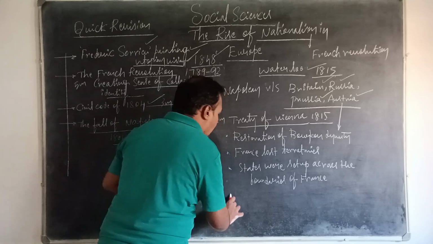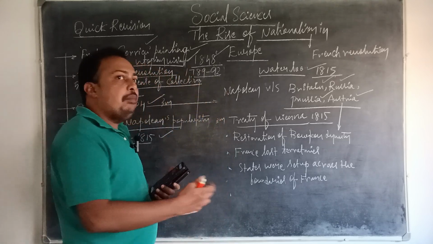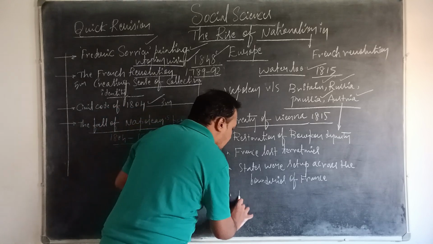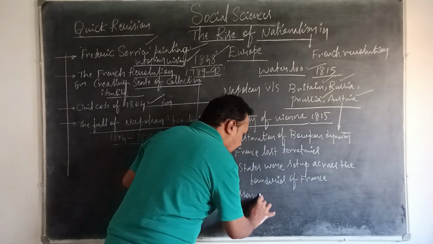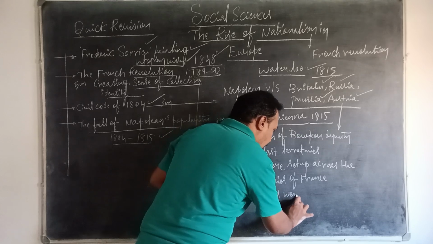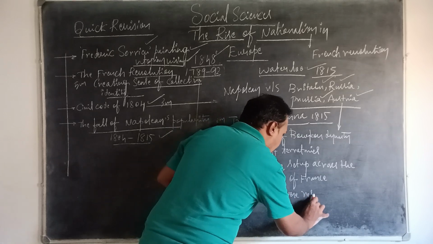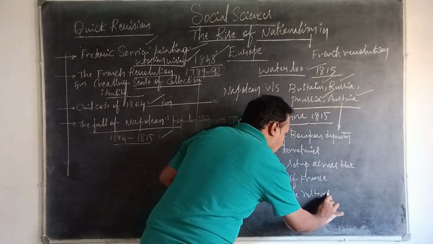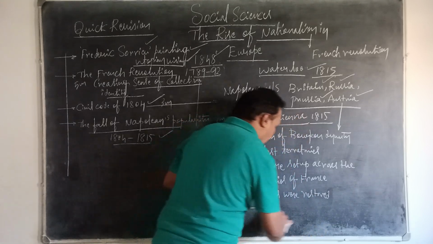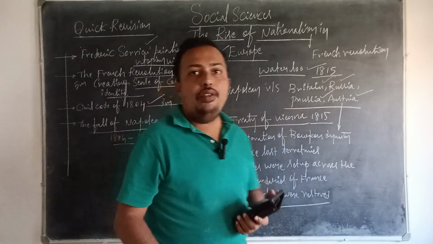So conservative rule or conservative politics came back in Europe after the fall of Napoleon. Monarchies were restored, whoever lost their powers during the times of Napoleon.